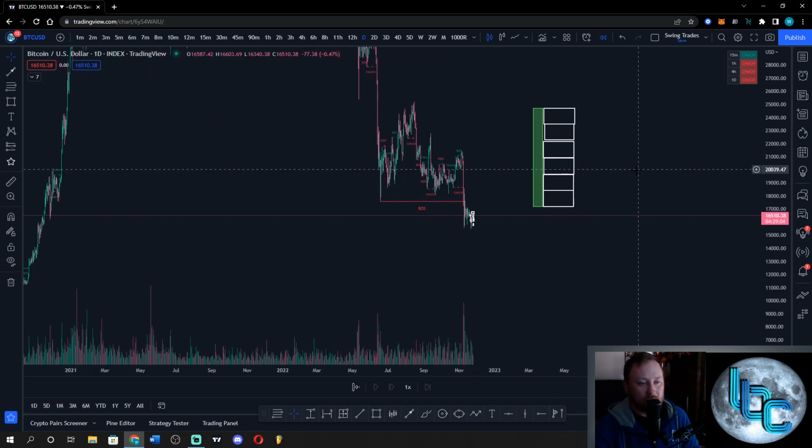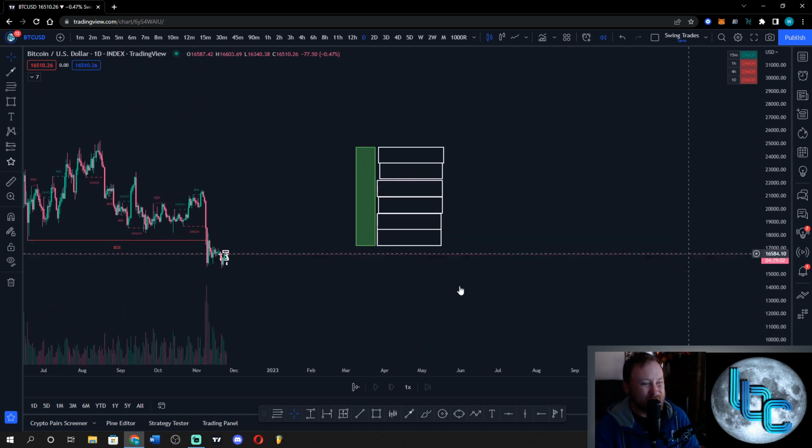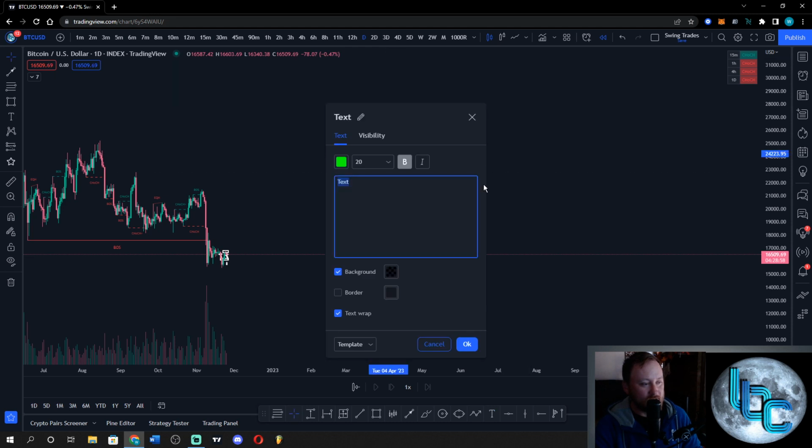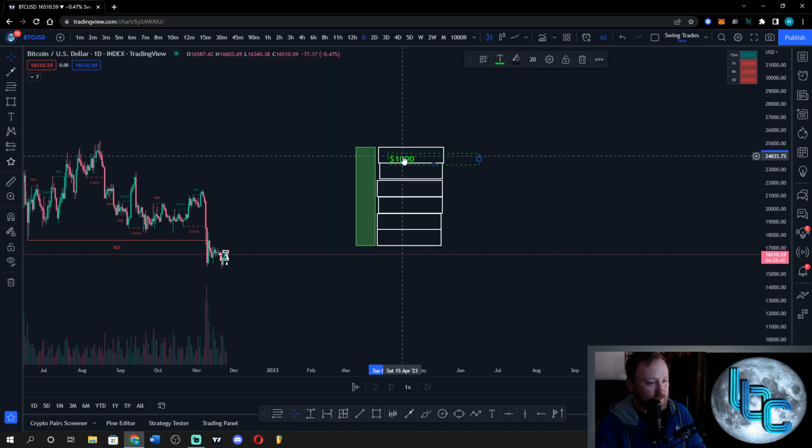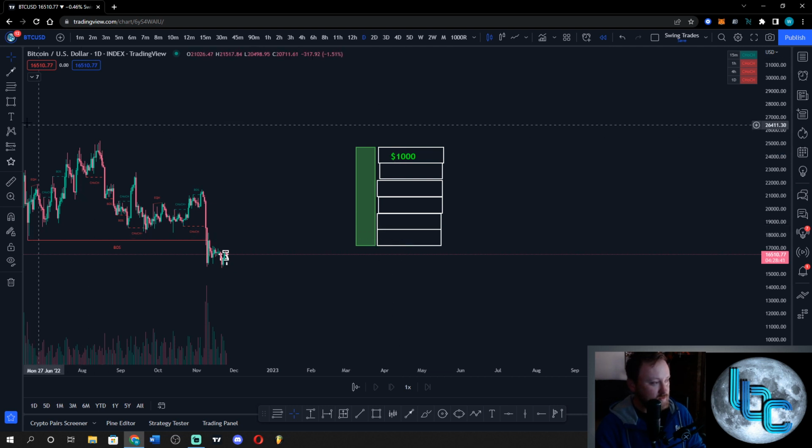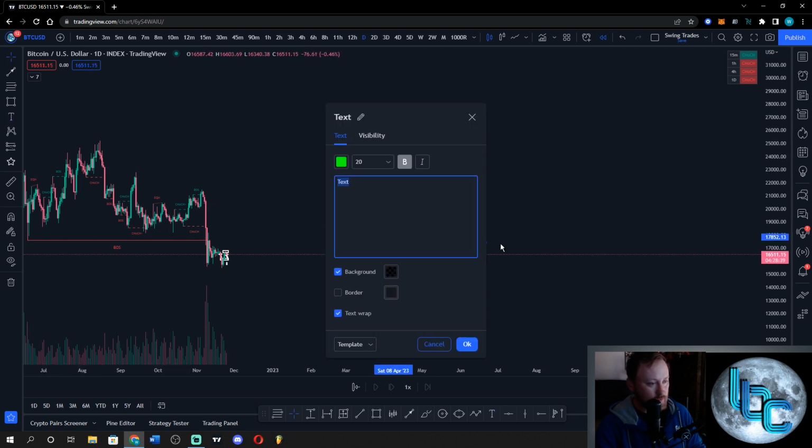So anyway, this is what you're looking at inside of a candlestick. Inside this candlestick, you have orders. Let's say that the top order is $1,000, and let's say that the bottom order is $100.